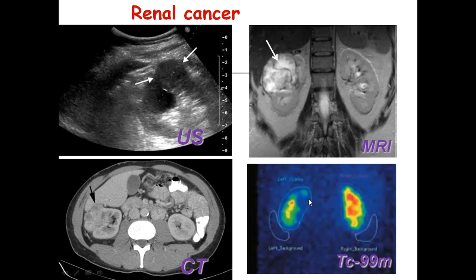Here, normal parenchyma is affected by tumor. It's non-functional parenchyma. No normal nephrons are here, but only tumor tissue, and that is the reason why radiopharmaceutical is not concentrated in the upper pole of the left kidney.